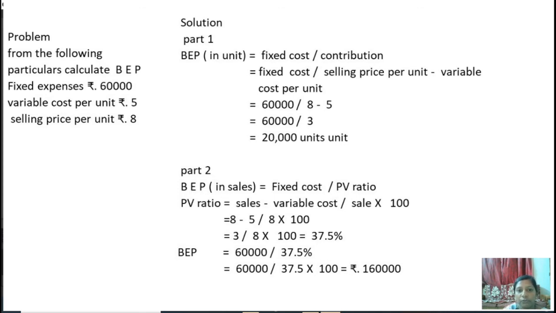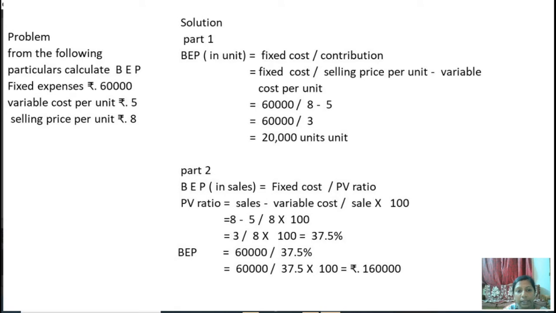First we apply the value for the fixed cost, which is given in the problem as rupees 60,000. 60,000 divided by selling price per unit, rupees 8, minus variable cost per unit, rupees 5. So 60,000 divided by 3. So now the break-even point equals 20,000 units.